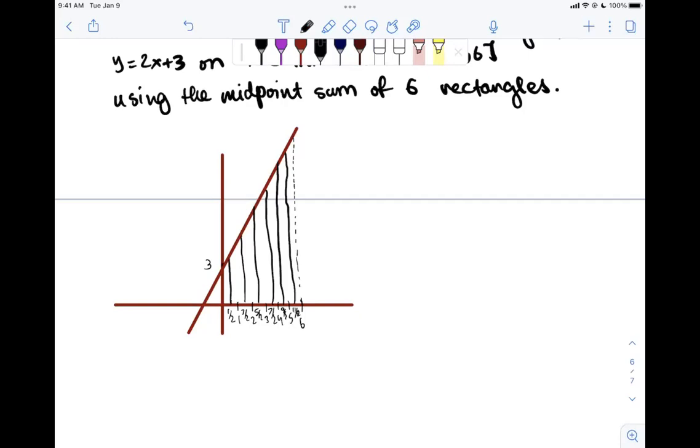So 2x plus 3 when x is 1/2. So that's 1 plus 3, which is 4. Then when x is 3/2, we're going to get 3 plus 3, which is 6. And we actually know the slope is 2, so we're just going to keep counting by 2s. The next one is going to be 8, and then 10, and then 12, and then 14.